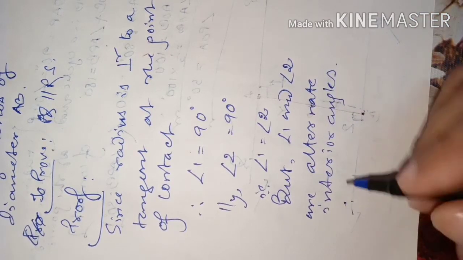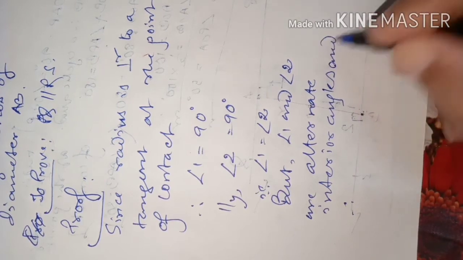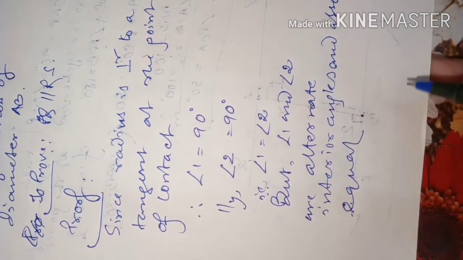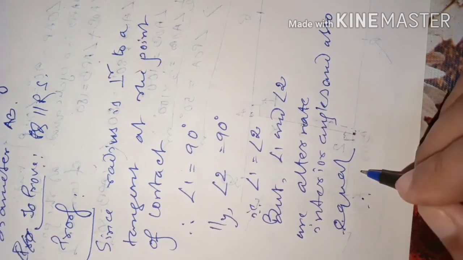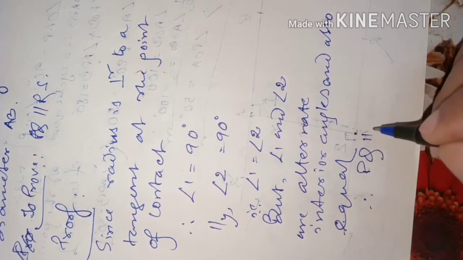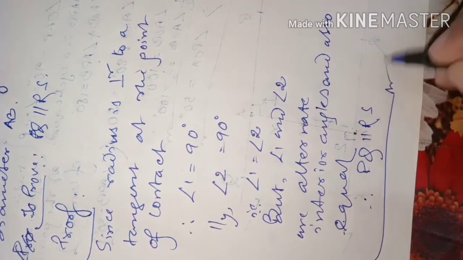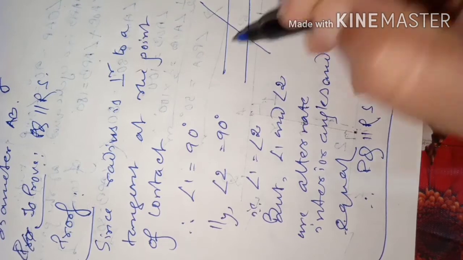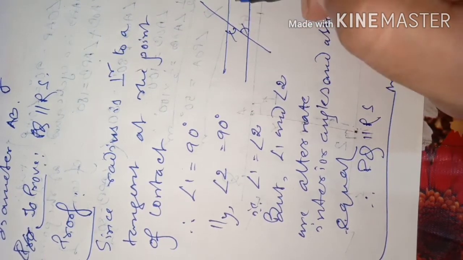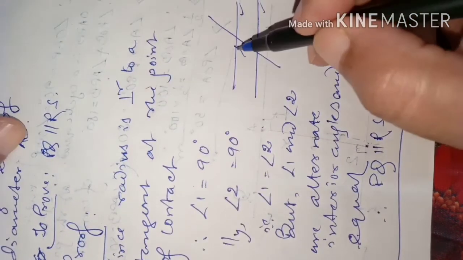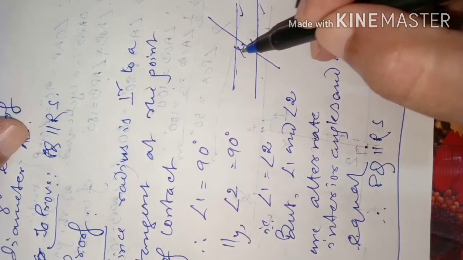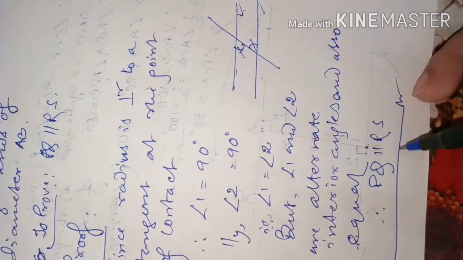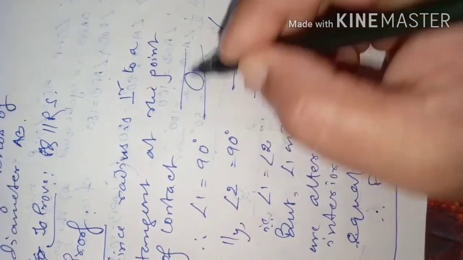Therefore, PQ is parallel to RS, because if two lines are intersected by a transversal and a pair of alternate interior angles are equal, then the two lines are parallel. By that reason, we are saying these two lines are parallel. The situation was like this. Here was a diameter.